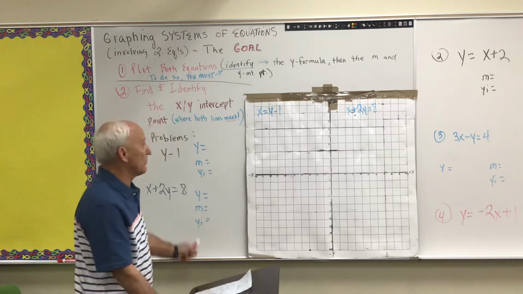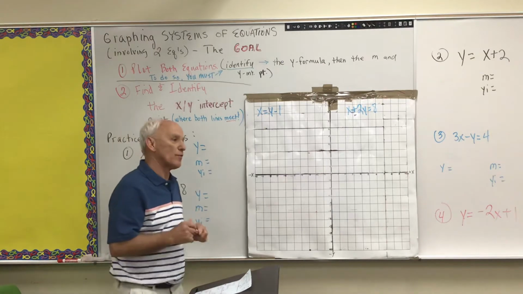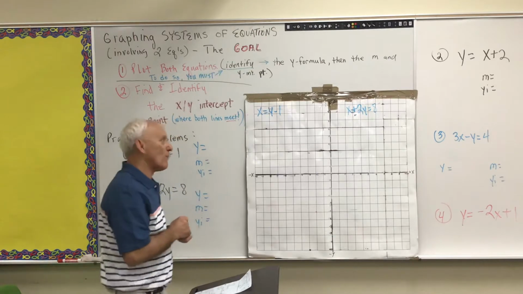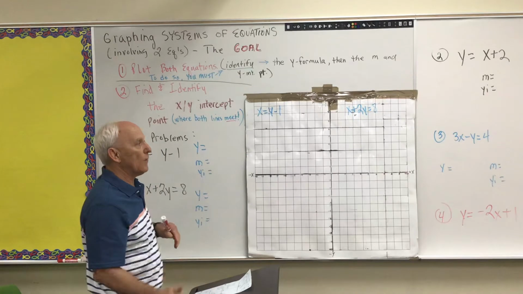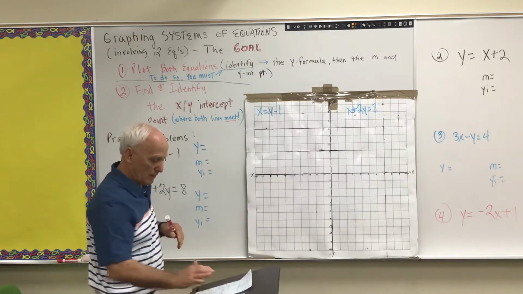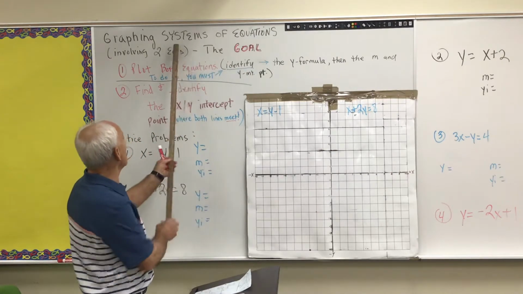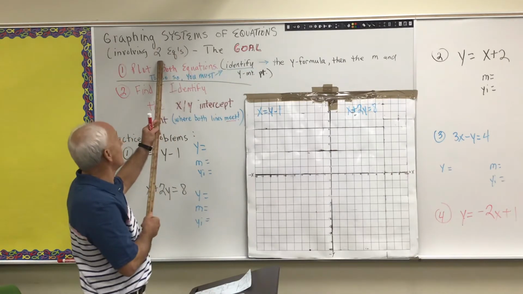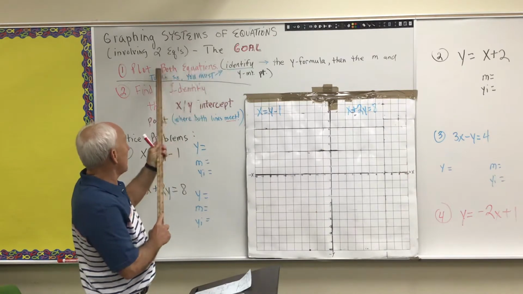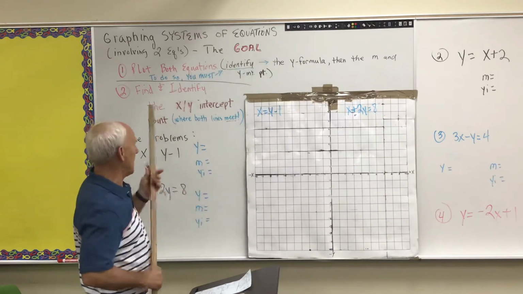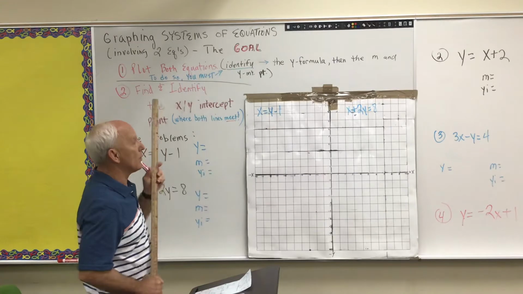I think many of you are beginning to figure out that you can take an equation, convert it over to the y slope-intercept form, and figure out your equation line and do that well. And that's the intent. But now when we get to systems of equations, that basically means we're going to involve two equations, and the goal is that we're going to plot both equations by doing exactly what we did with one equation, but doing two on a graph.